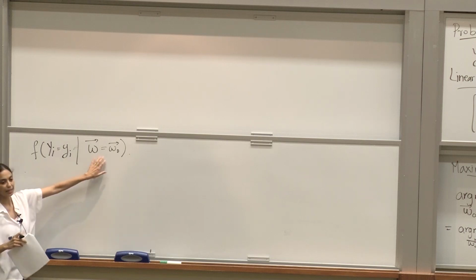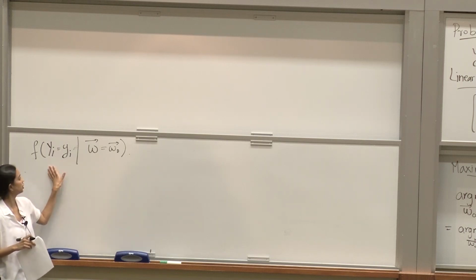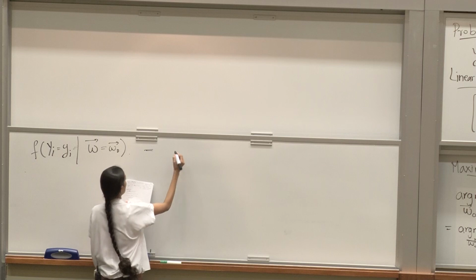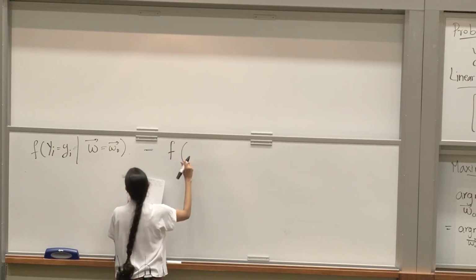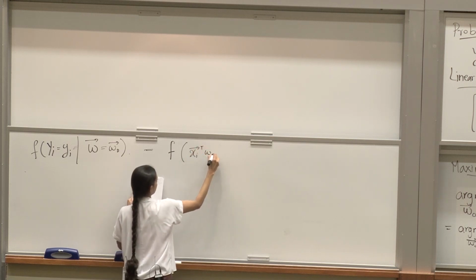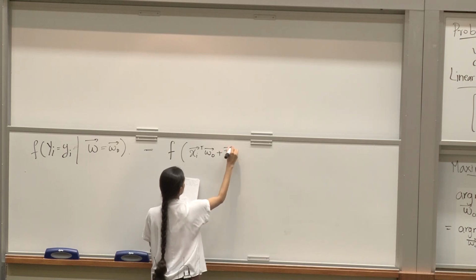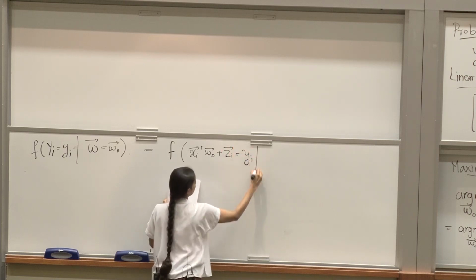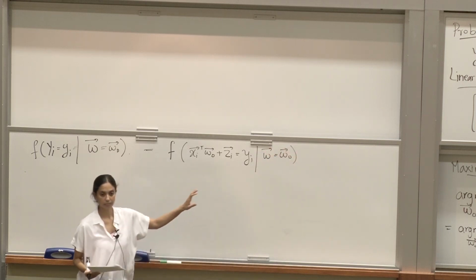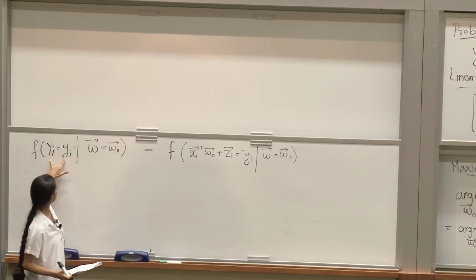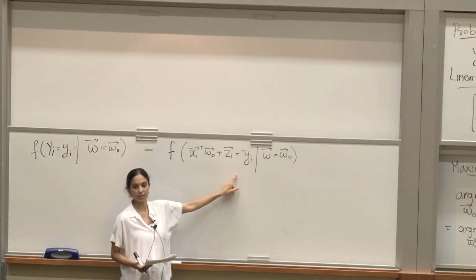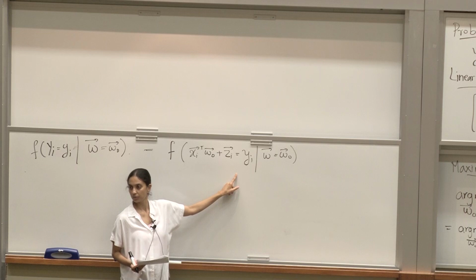How can I write yi in terms of this w naught? What do I know about the relationship between y and w? I know exactly this linear relationship: yi is equal to xi transpose w naught plus zi, given w equal to w naught. The fact that I observed my ith observation is yi means that this equation had better hold true under my model.